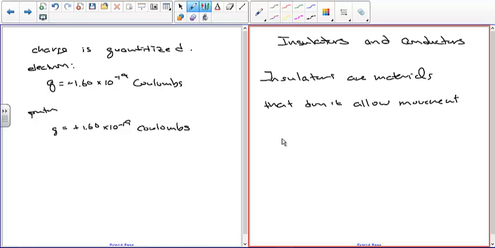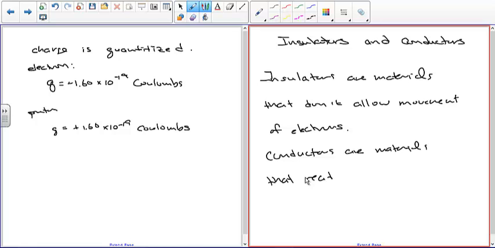I'm going to say insulators are materials that don't allow movement of electrons, and conductors are materials that do, that readily allow it.